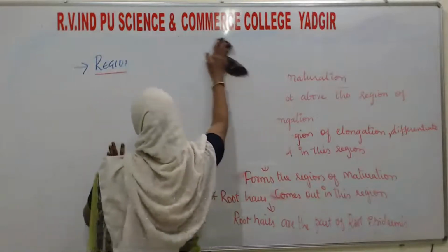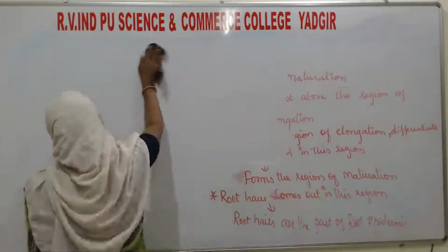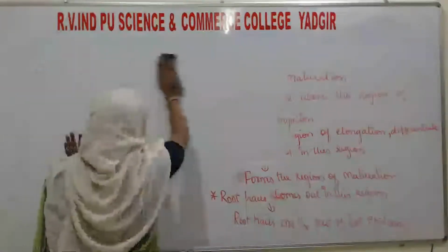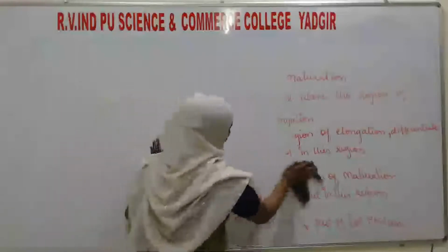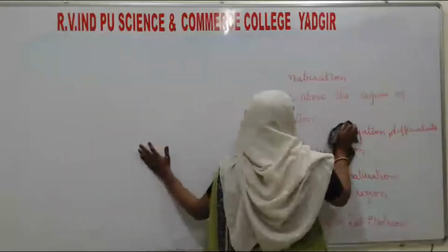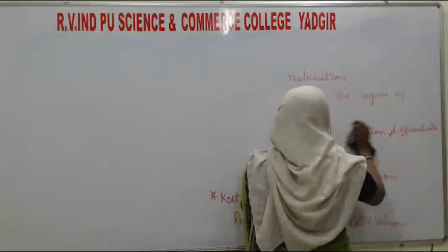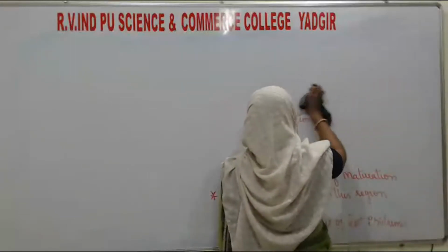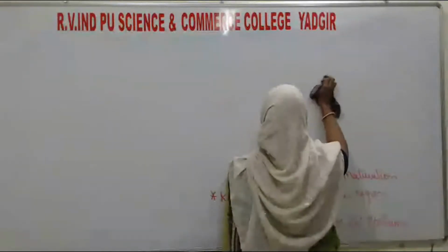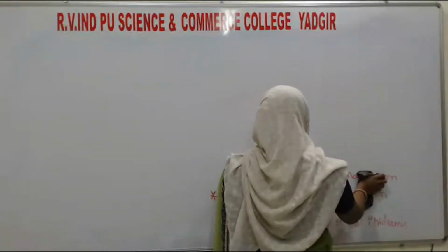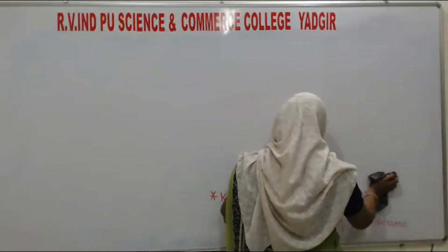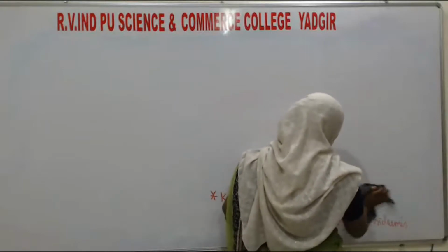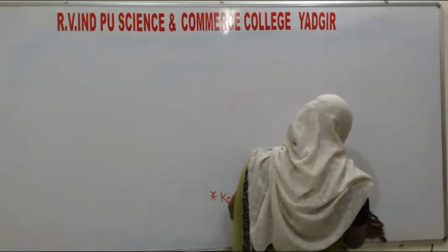The next topic in this chapter is root modification. What do you mean by root modification? You have already studied the functions of the roots: providing strength and mechanical support, and absorption of water and minerals.